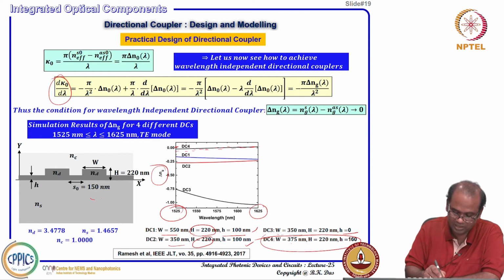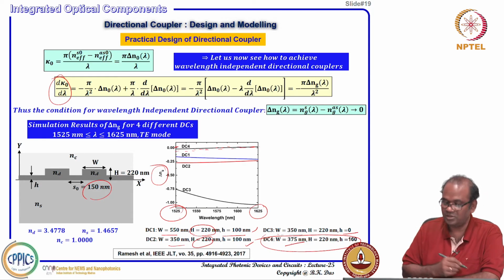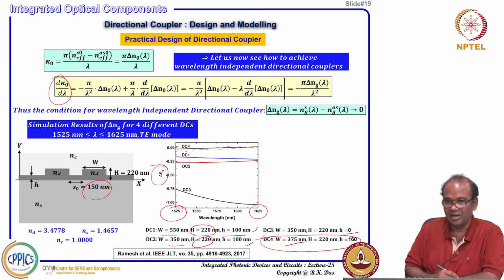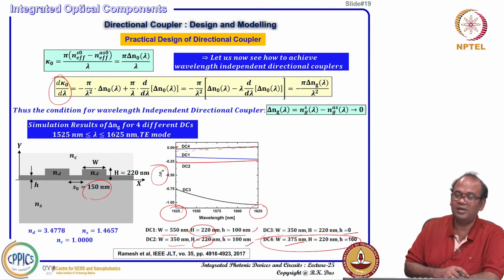But for this 150 nanometer gap, waveguide width of 375 nanometer, and slab height of 60 nanometer, the delta Ng is ensured, meaning the group index for the symmetric mode and the antisymmetric mode are nearly equal, they travel with the same speed. If they travel with the same speed, then you can ensure that the device is wavelength independent.